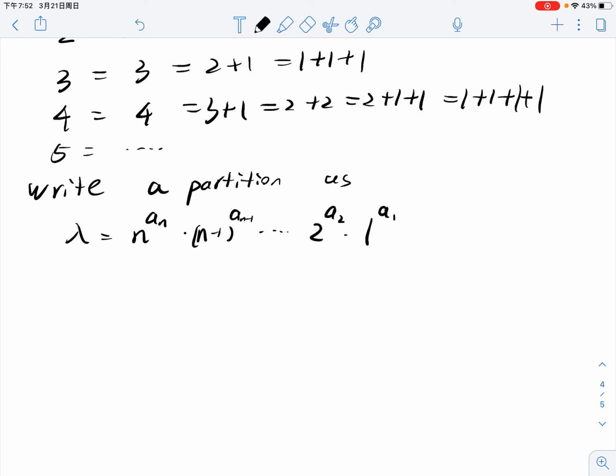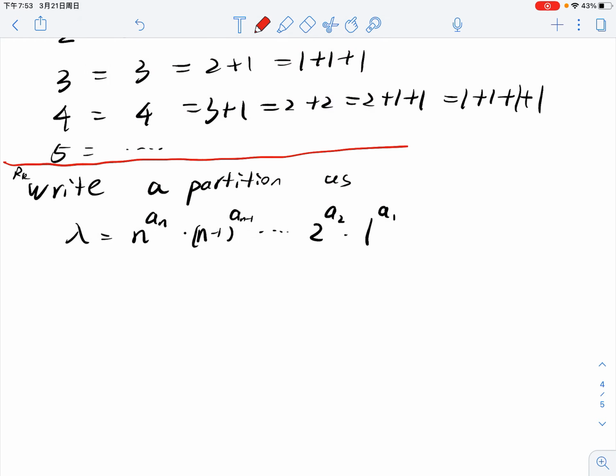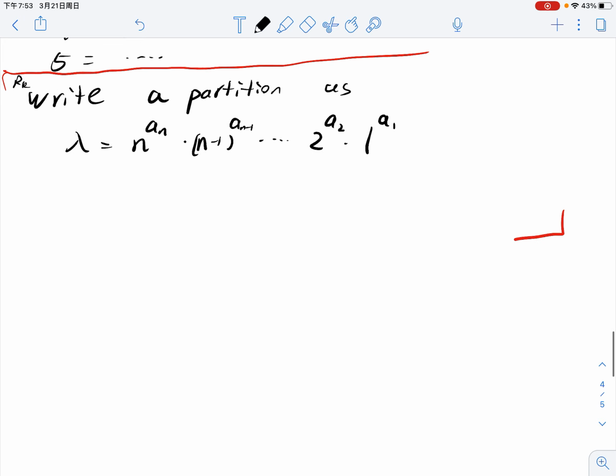But this is a remark: don't misunderstand this as a product. It's not. If you see some textbook do this, by the above or following context, you should understand this as a partition.